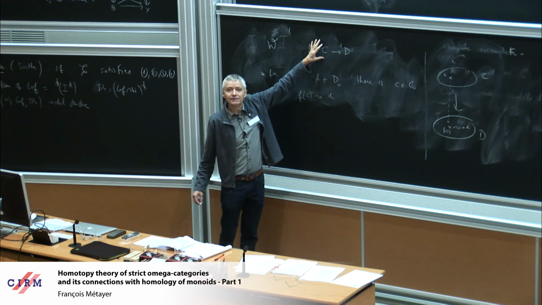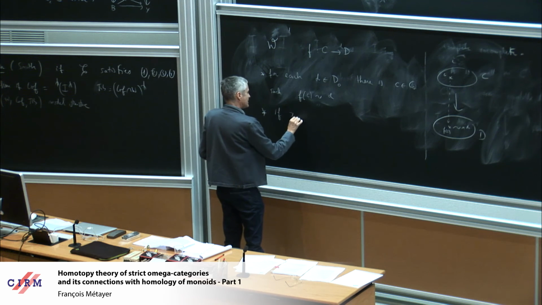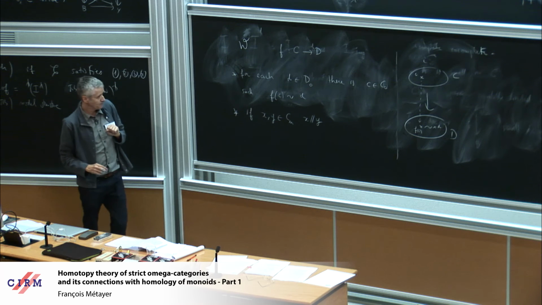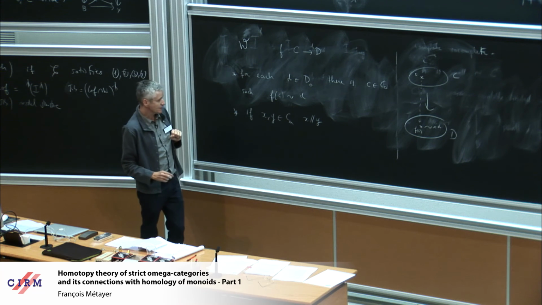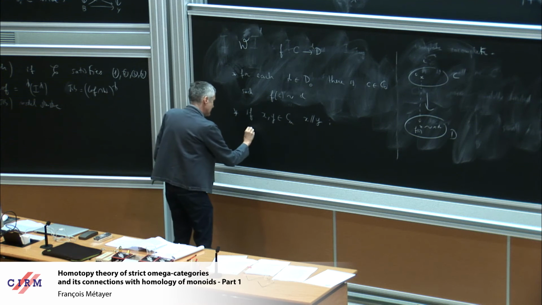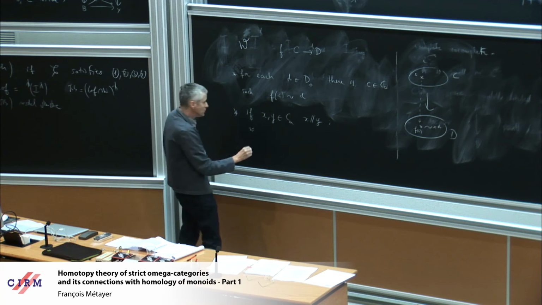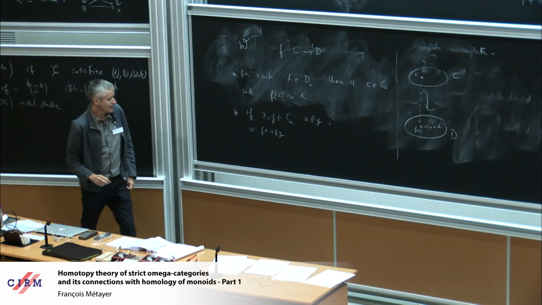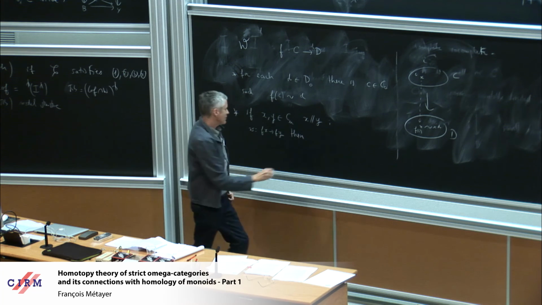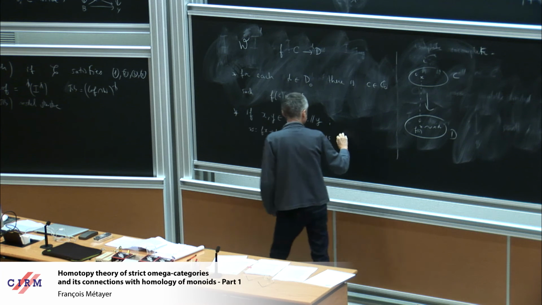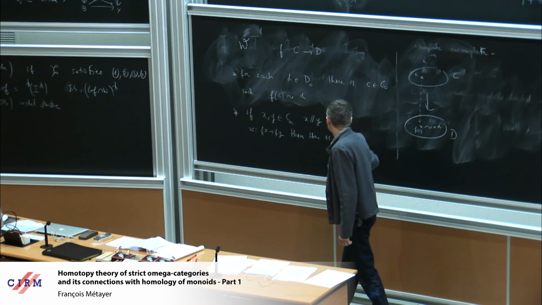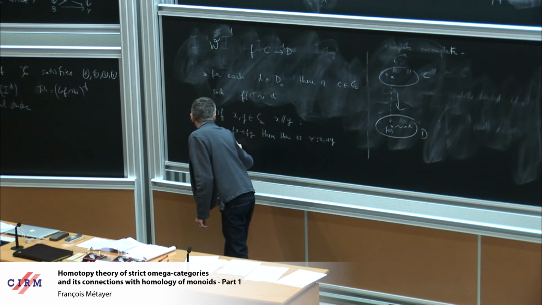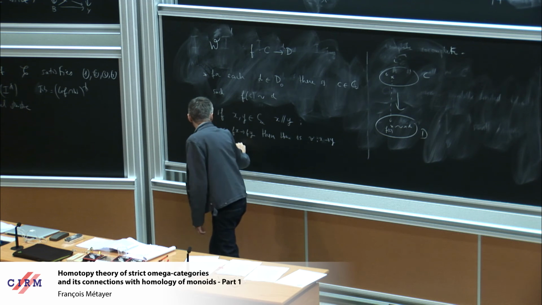If you take two parallel n cells in C, so if X, Y are in Cn and parallel, meaning same source and same target, and if there is a cell W going from Fx to Fy, then there is a cell V from X to Y, such that Fv is omega equivalent to the original W.